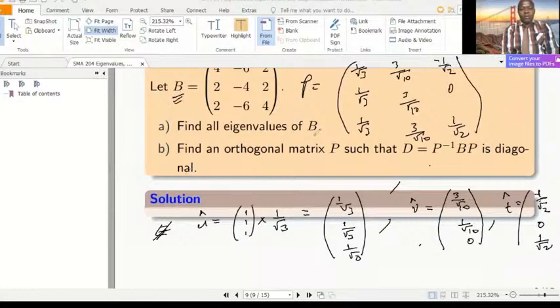Now, the question is, find the diagonal matrix D. We just arrange the eigenvalues of these eigenvectors in the order in which they appear. This eigenvector was corresponding to eigenvalue 0, so the rest will be 0, 0.